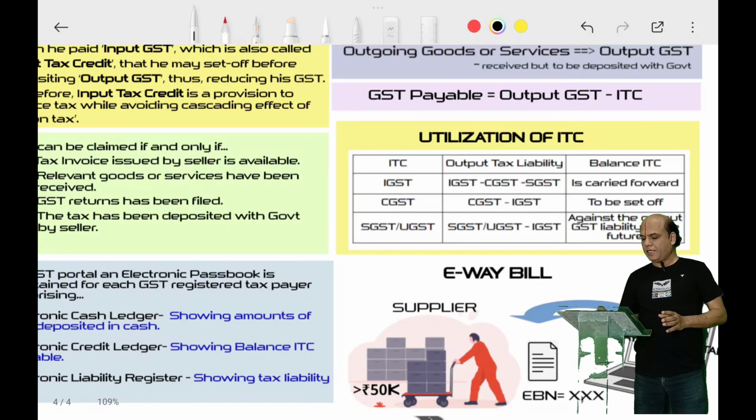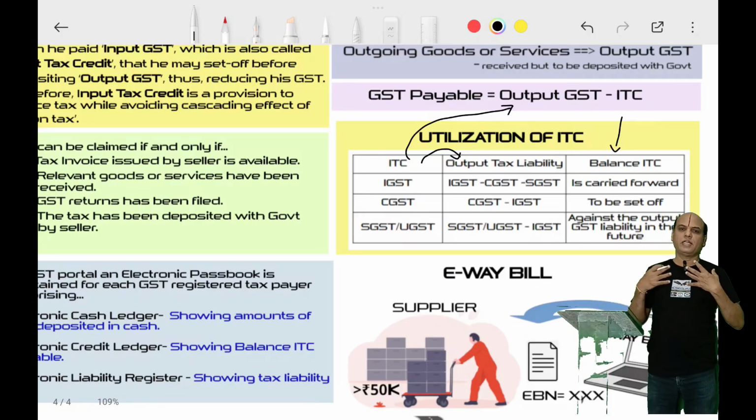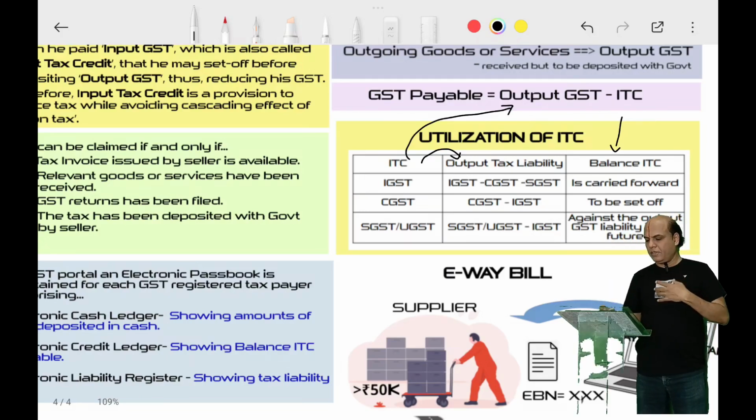Input tax credit is used to determine output tax liability. So this is balance ITC. We take output GST minus input tax credit, so we will get the balance ITC. If there is any positive balance, that will stand against my name, that I can claim in future. So that will be carried forward.